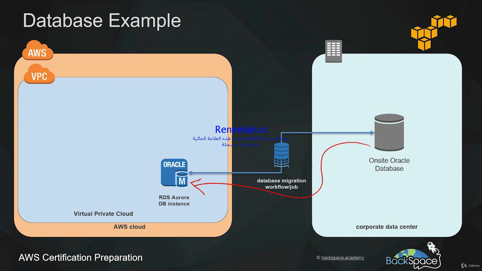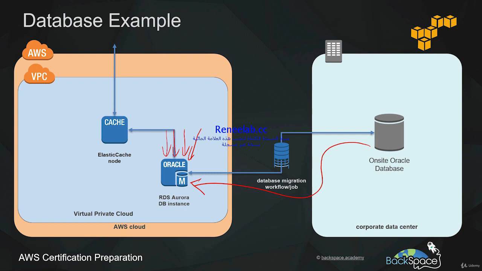Now let's say our new database is becoming overwhelmed with requests for frequently accessed data, and we would like a high-speed way of accessing that frequently accessed data. And this is where Elasticache can help us.